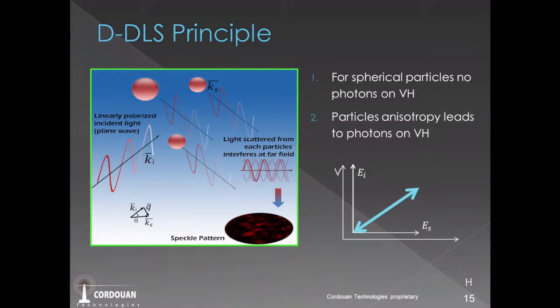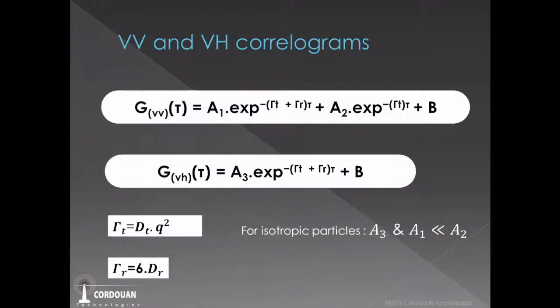Nevertheless, physicists, mathematicians have done the calculation and they found the following. If on the VV side, I'm doing an autocorrelation, I will have this kind of autocorrelation. I will have 2 exponential decays. And if I'm looking on VH, I will have 1 exponential decay, okay, for an anisotropic nanoparticle.